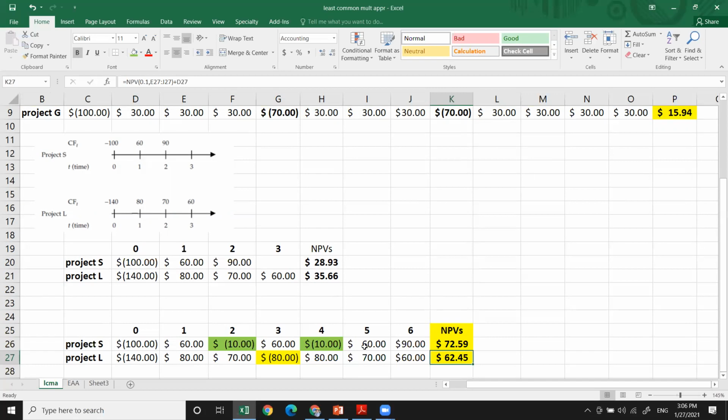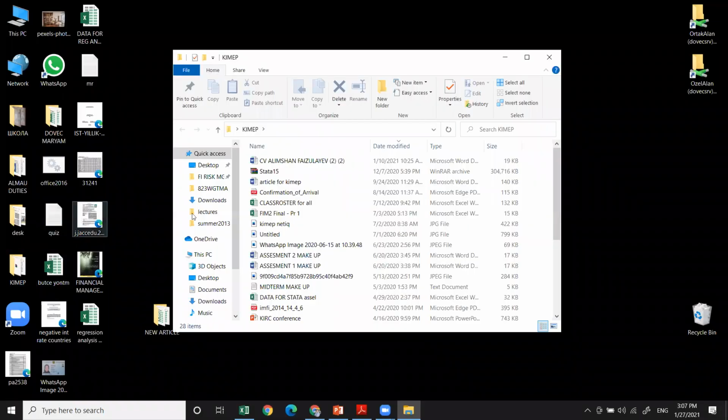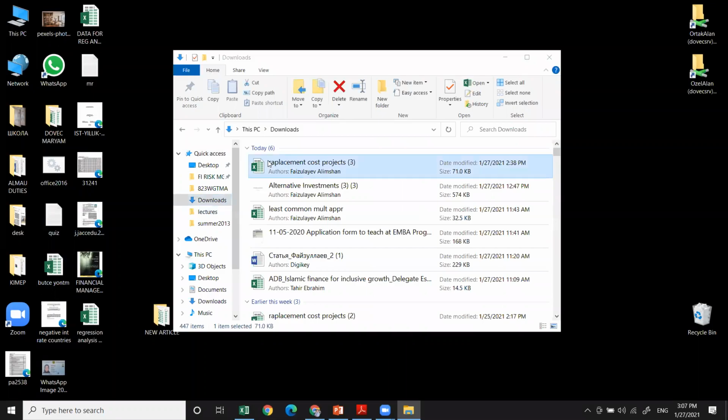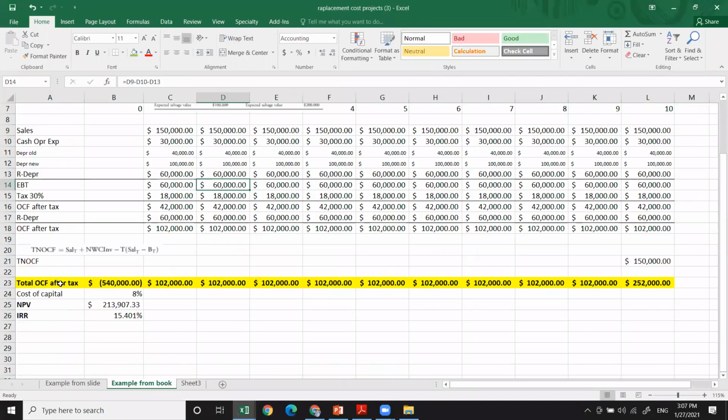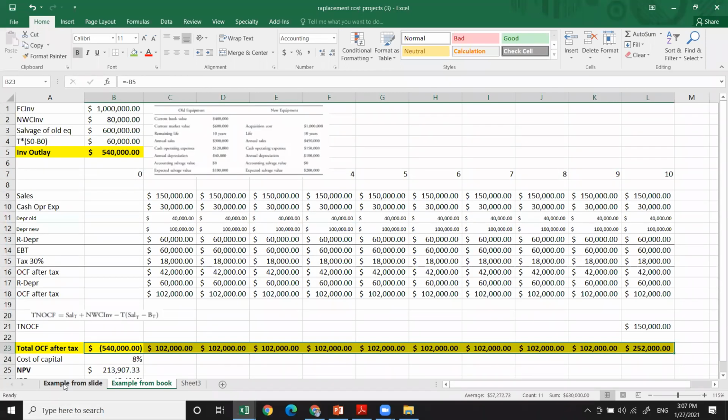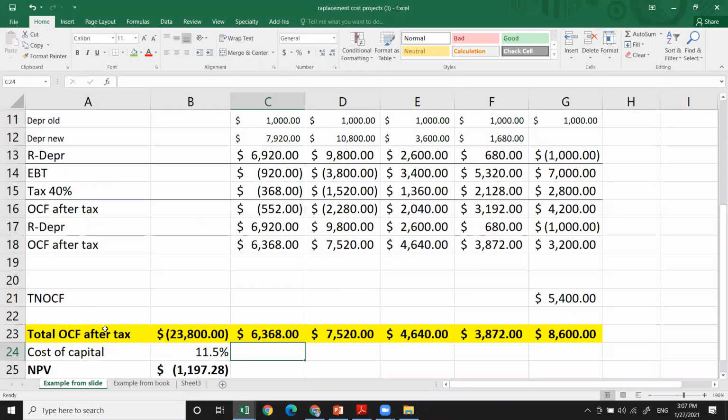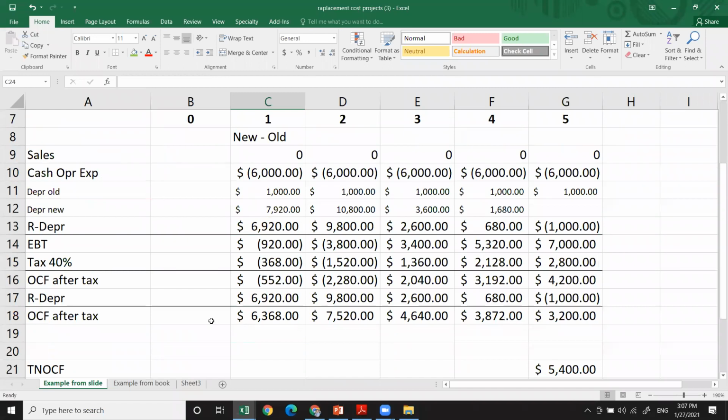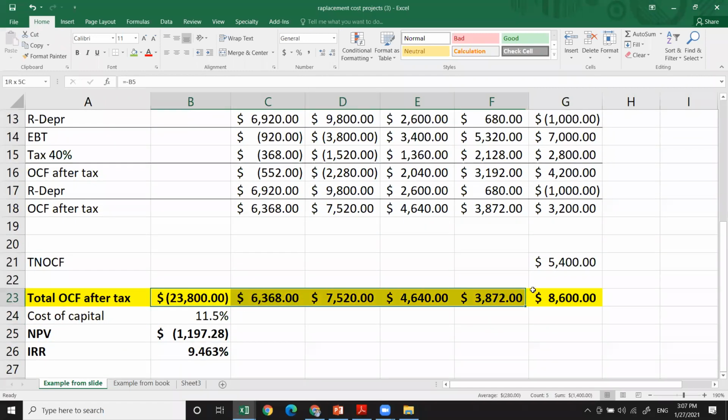So when you are doing this, imagine you have 2 different projects. It's expansion, if it's a replacement, you do all your cash flow estimation, cash flow projections, and at the end, let's say this is NPV for 10 years. Now NPV for 5 years.